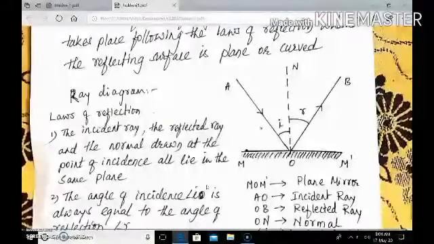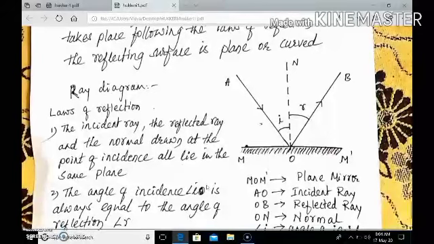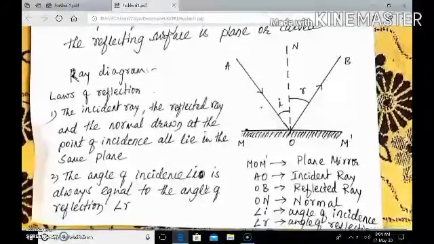The ray diagram to study the laws of reflection. Let us consider a plane mirror MOM dash. The lower side of the plane mirror is silvered and painted. The upper surface of the mirror is a reflecting plane surface.